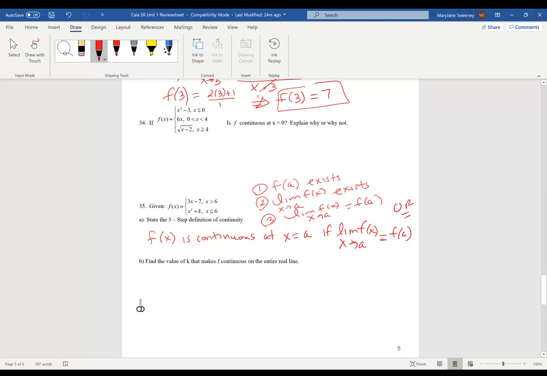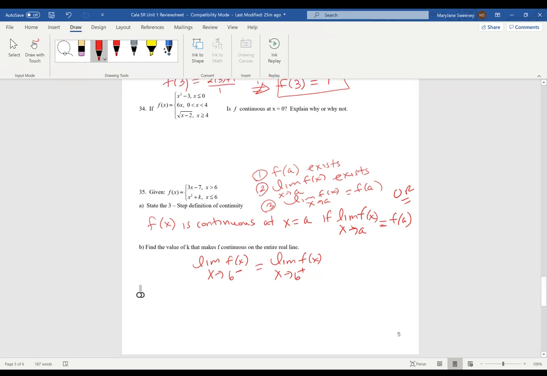Okay, so then in order for this piecewise function to be continuous, the limit of f of x as x approaches 6 from the left would have to equal the limit of f of x as x approaches 6 from the right, right? That's so that the limit would exist.